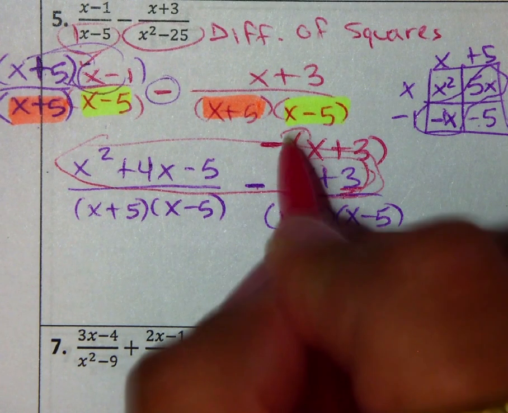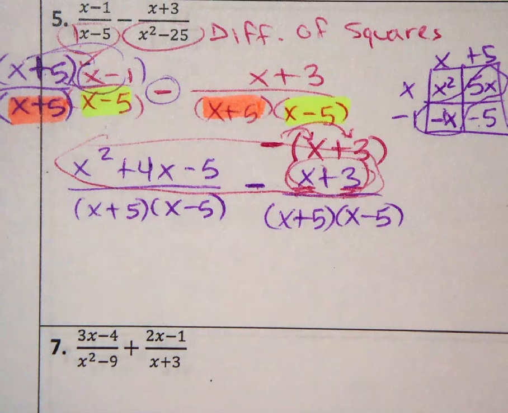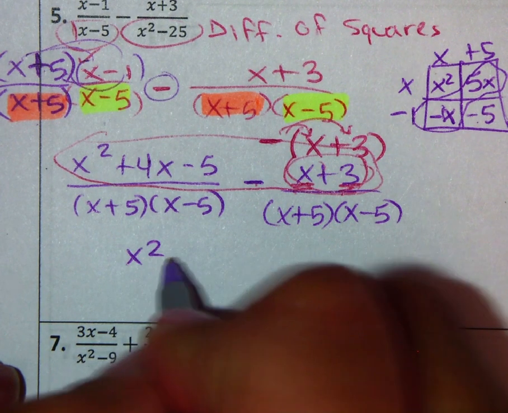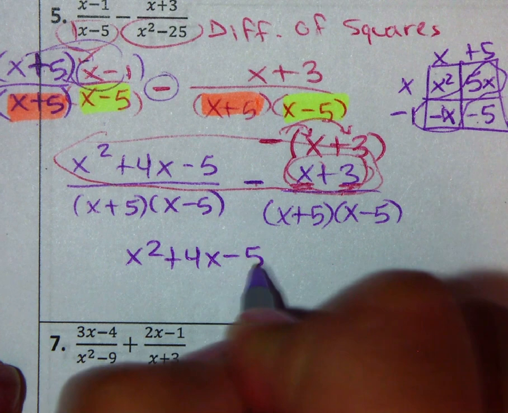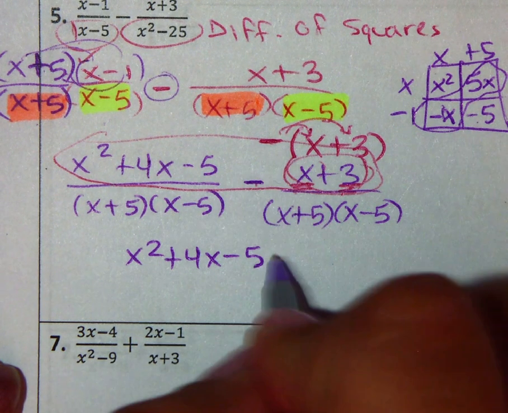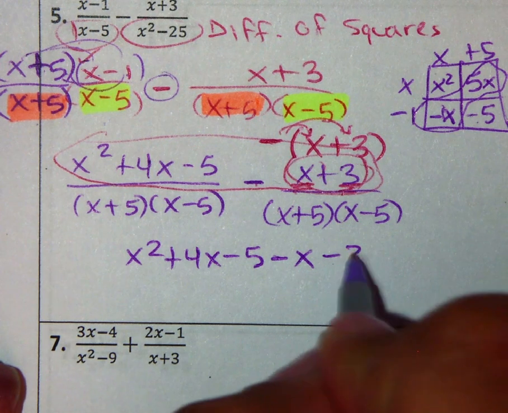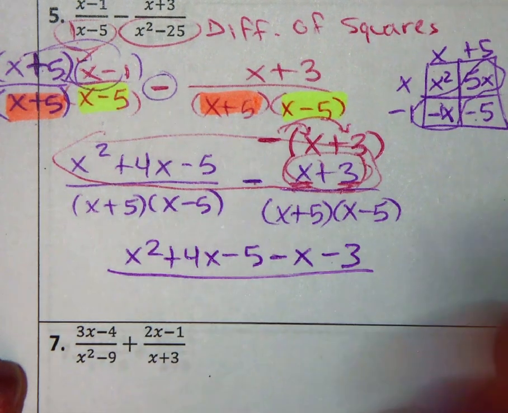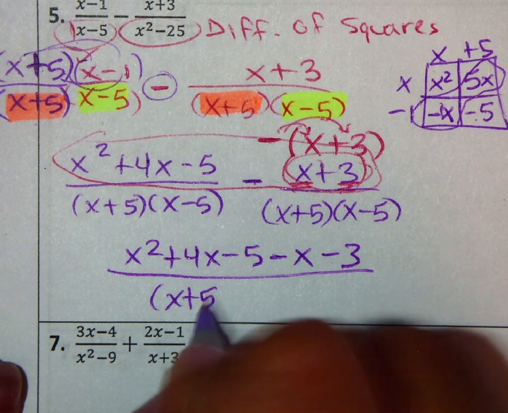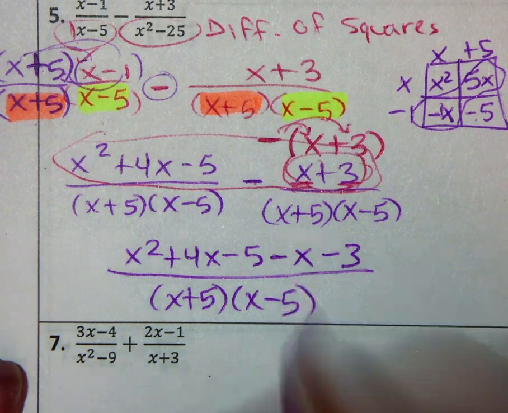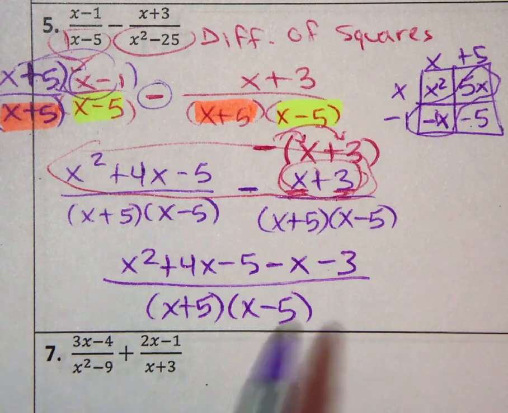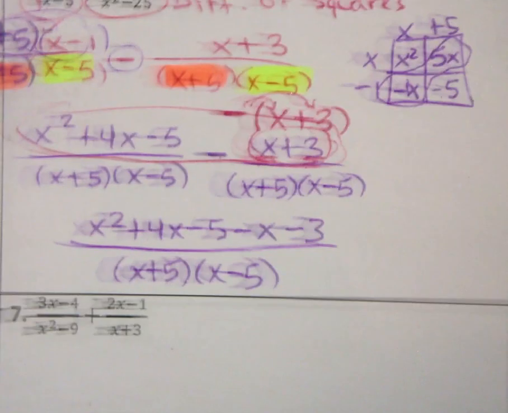So you need to distribute that negative in. So we're going to have x squared plus 4x minus 5, and then minus x and minus 3. And then the binomials x plus 5, x minus 5 is your denominator.